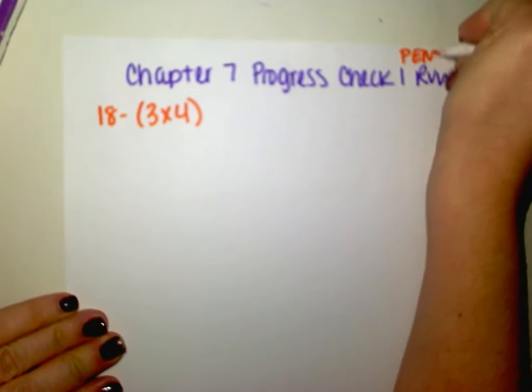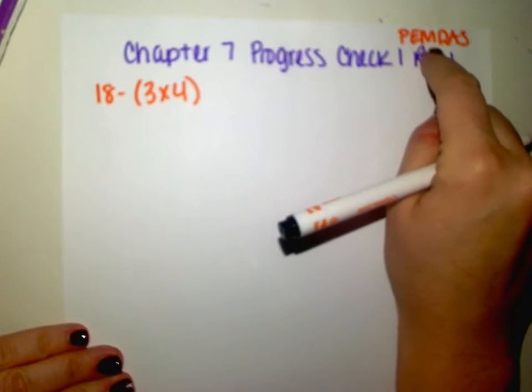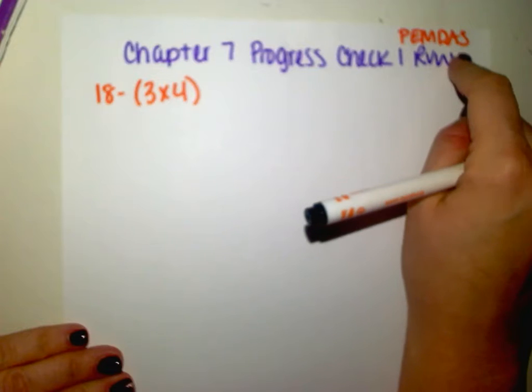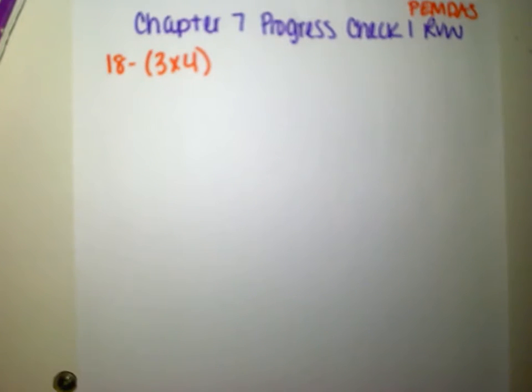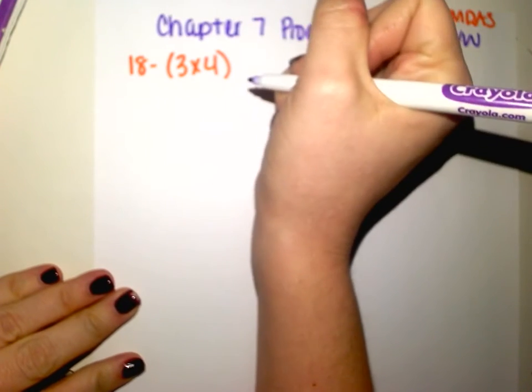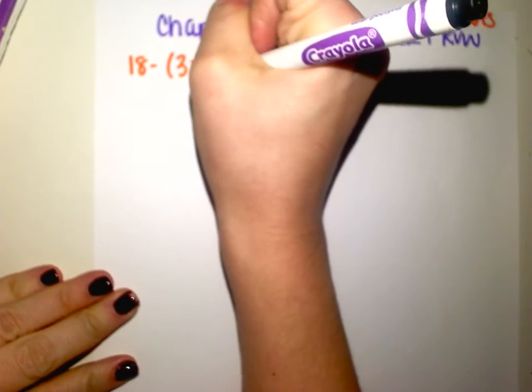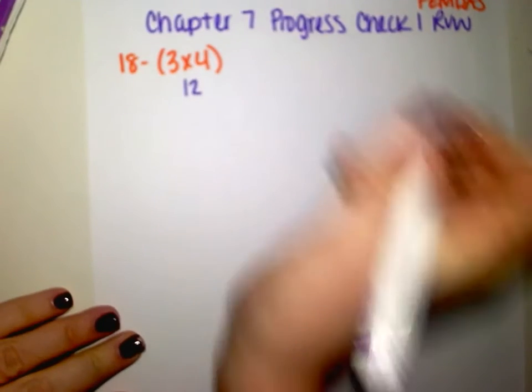Please excuse my dear Aunt Sally, which really means parentheses, exponents, multiplication or division, and then addition or subtraction is last. What am I going to solve first here? What should I solve first? Oscar. Parentheses. Good, which is? 3 times 4. Yes, and 3 times 4 is? 12. Good job.